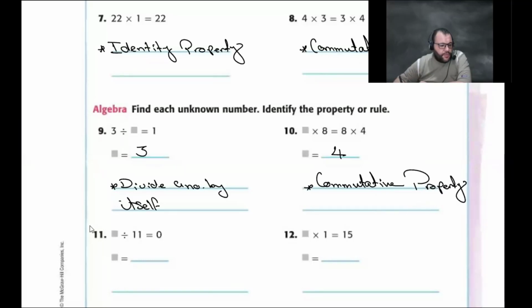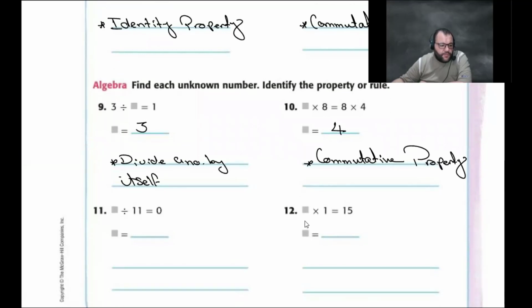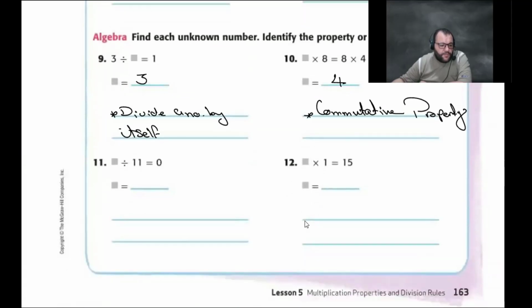Okay. Question number 11. What is the answer for question number 11? 0 divided by 11 equals 0.